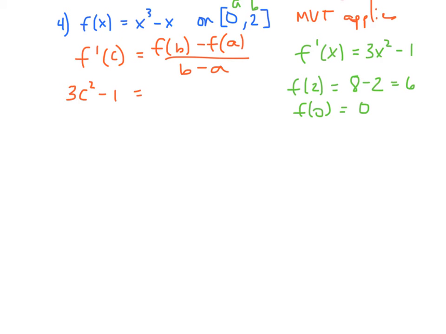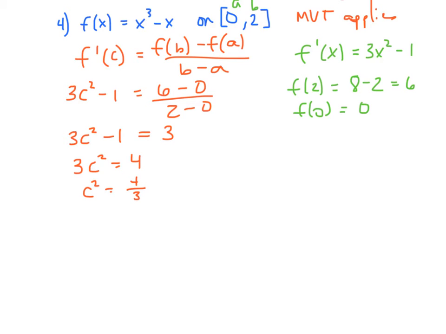All right, and so I'm going to go ahead and plug those in. So I would have 6 minus 0 over 2 minus 0. And so I get 3c squared minus 1 is equal to 6 over 2 would be 3. So 3c squared is equal to 4. C squared is equal to 4/3.